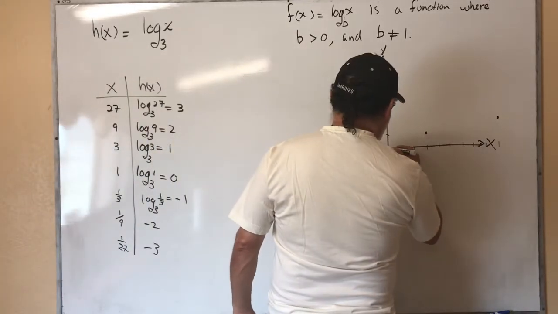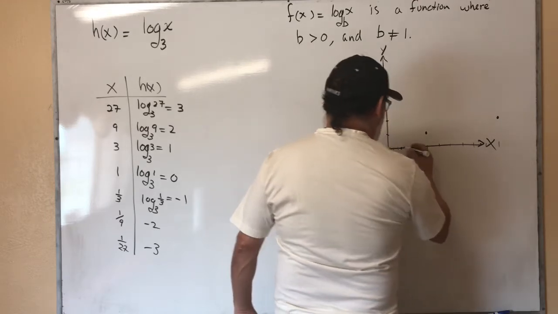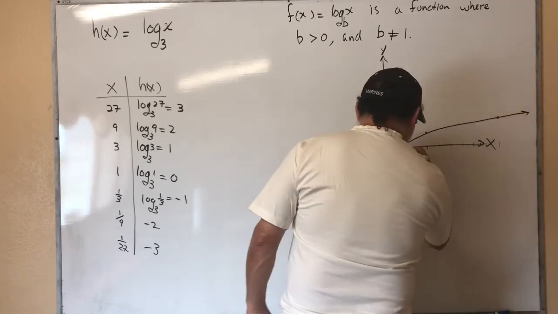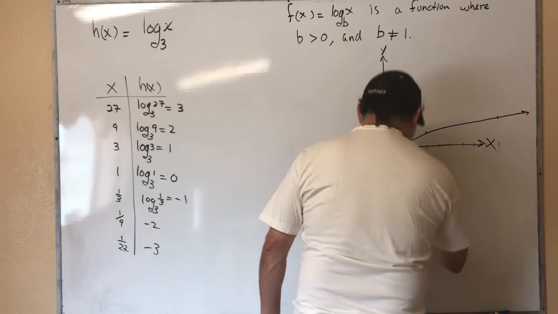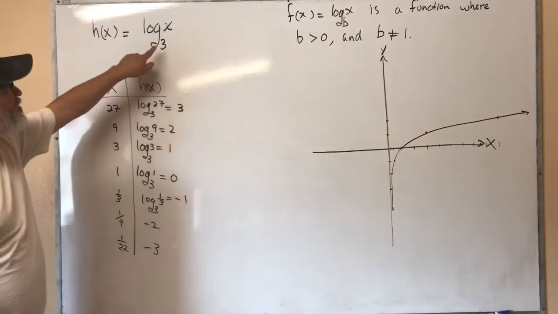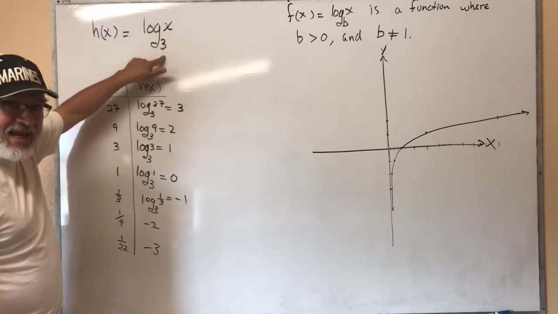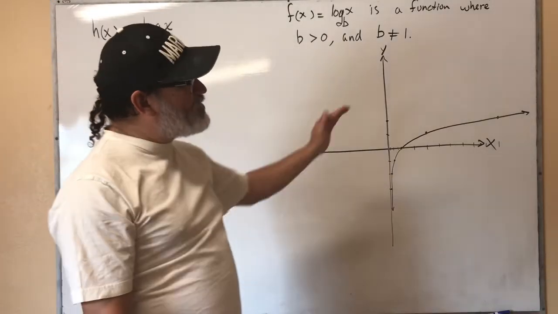X is 1/27, negative 3 right there. So we're getting this. Increasing because the base is greater than 1. That's why. Okay, increasing.